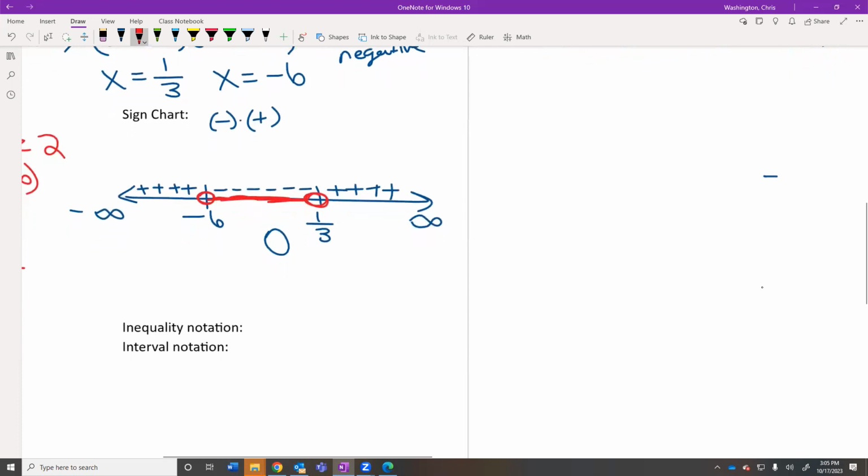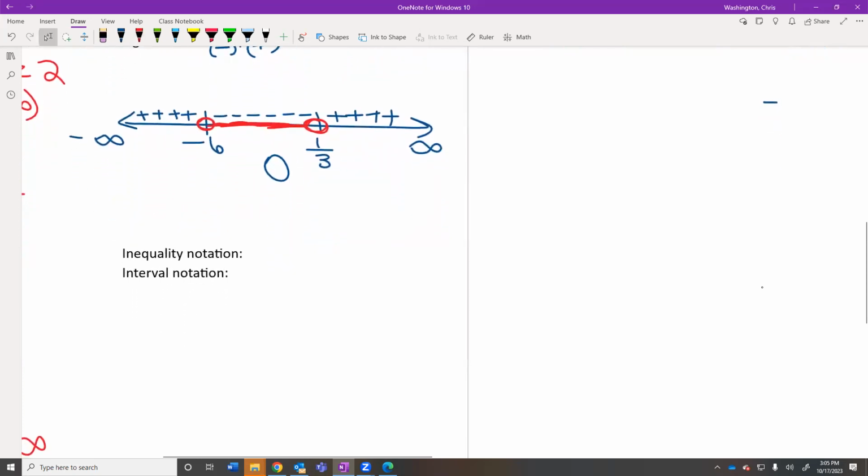So we're going to use open circles. And if we use open circles, inequality notation, we're going to use just the less than symbol. Negative 6, less than x, less than 1/3. And in interval notation, negative 6 comma 1/3, we're going to use parentheses, not brackets.